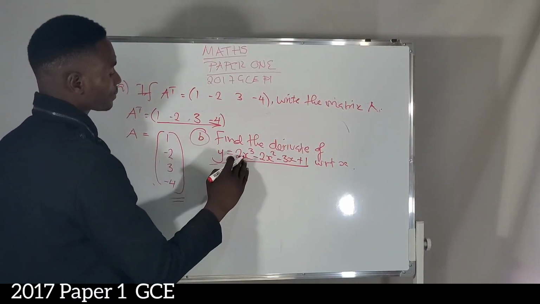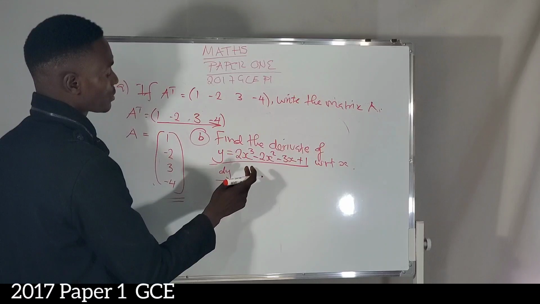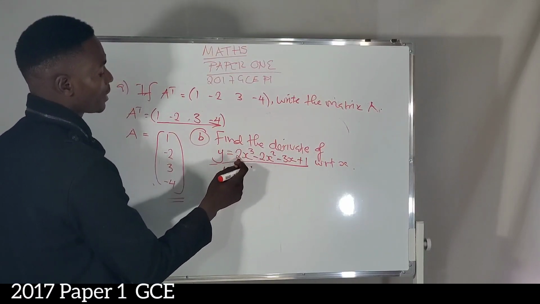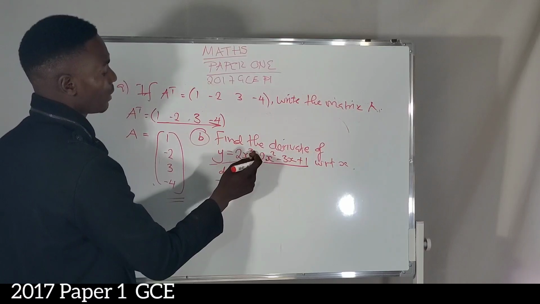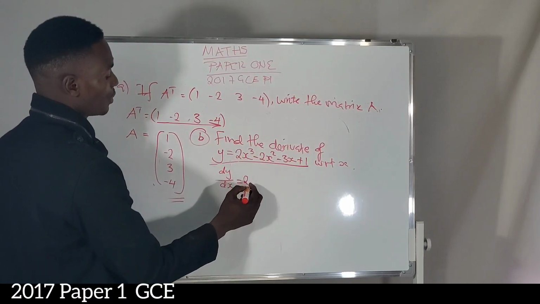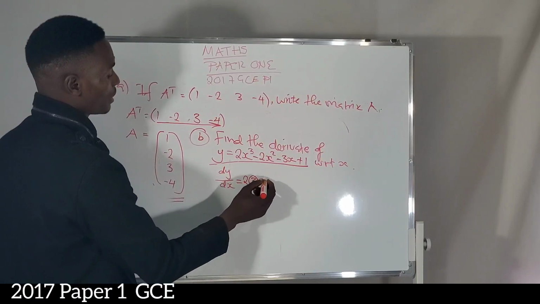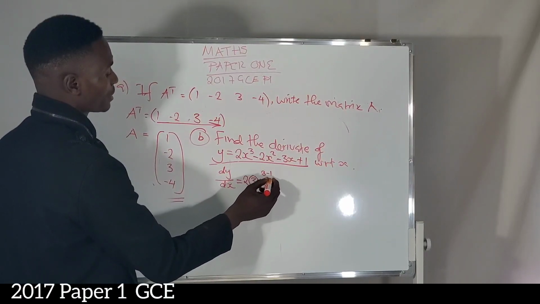Now, the rule states that you multiply the power times the coefficient and the power reduces by 1. So it will be 2 times 3 x to the power 3, the same power reduces by 1.